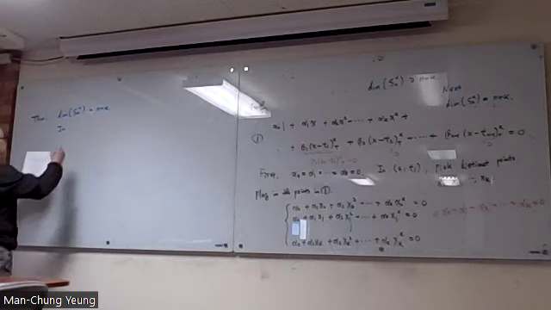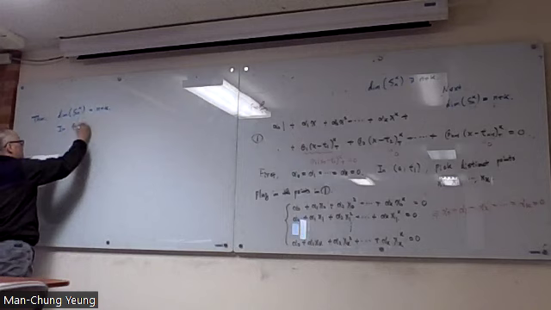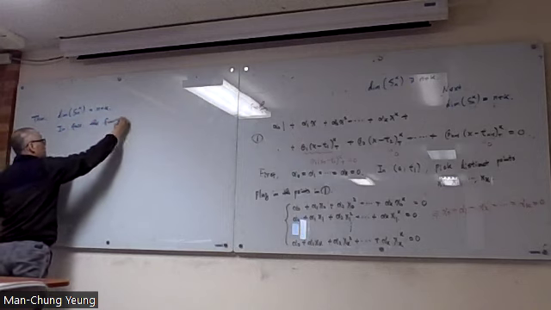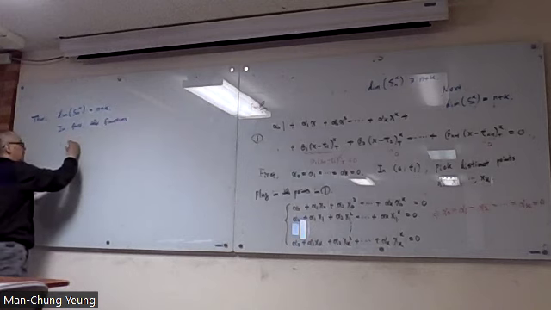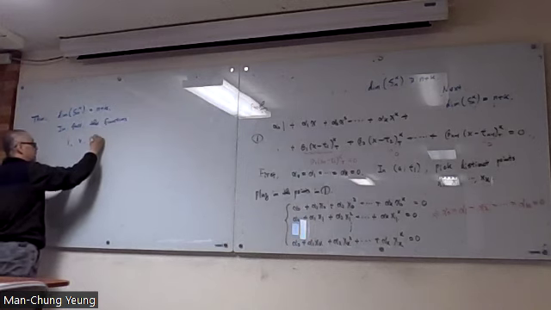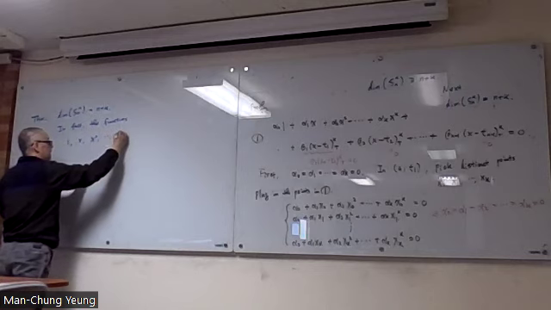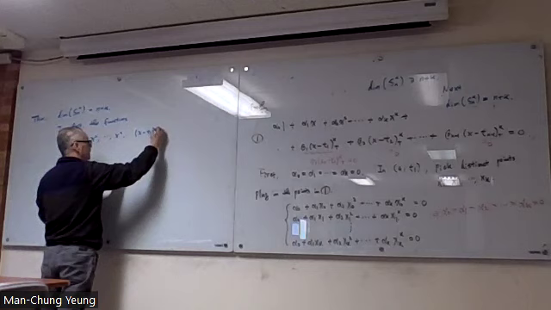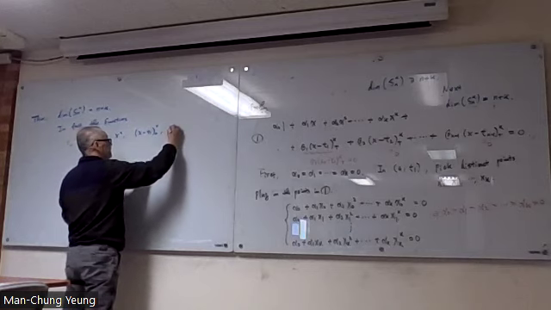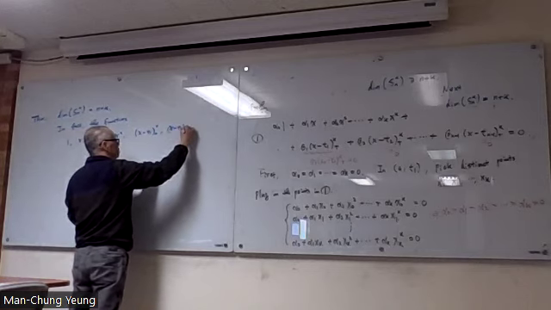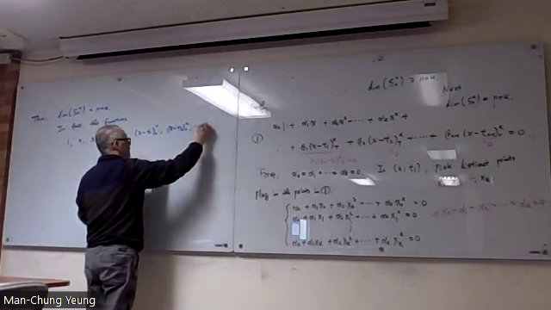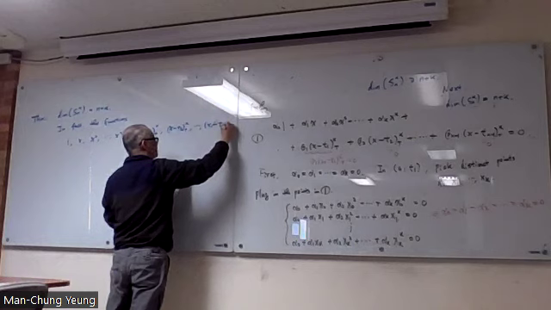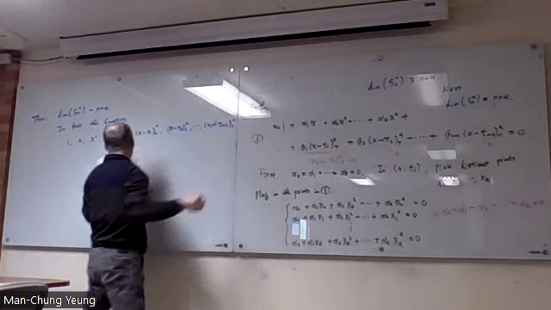In fact, the functions from the lemma, 1, x, x squared, up to x^k, and (x minus t1) truncated k, (x minus t2) truncated k, up to (x minus t n minus 1) truncated k.